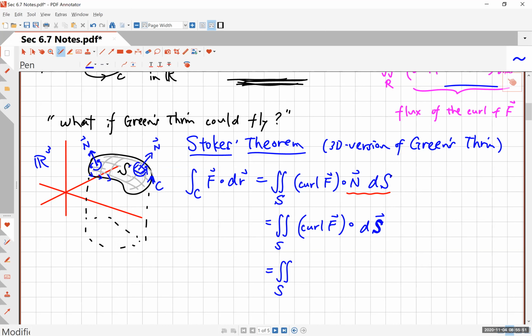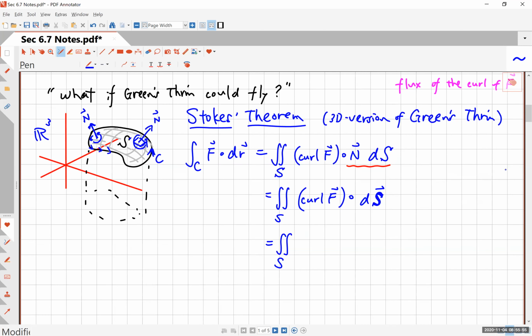Remember, we don't really use dS for calculating or evaluating the double integral. And the way you do this is, if you remember, we use r_u cross r_v because that is your normal vector N, and then this dS has that denominator as a part of this, and they cancel each other, remember?